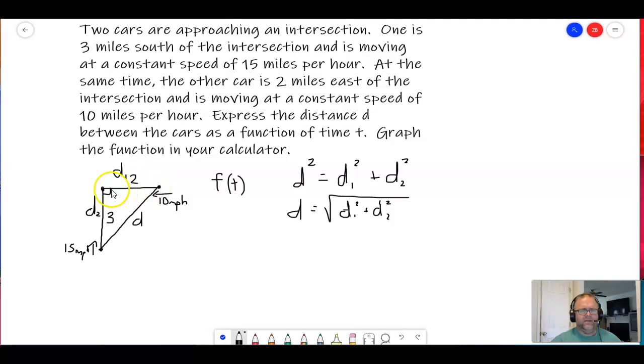So 1 hour, in fact, they're actually going to be past that at that point. But the idea here is that we're subtracting the distance that they are as time goes up.